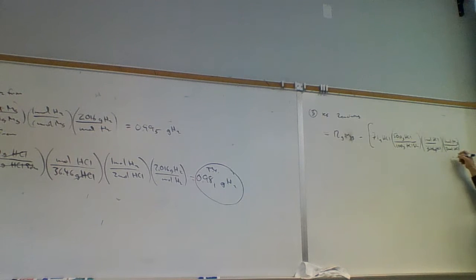That takes us to moles of magnesium, and then we just get to grams: 24.31 grams of magnesium per mole. Everything cancels out, and we'll get grams.